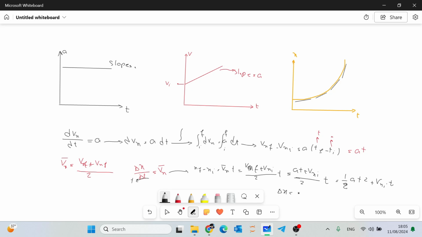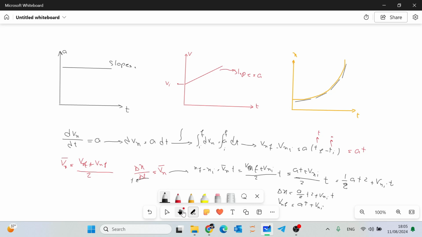Delta x equals a over 2 t squared plus vxi times t. Okay? And this is also important: vxf, your final velocity, would be acceleration times time plus initial velocity.